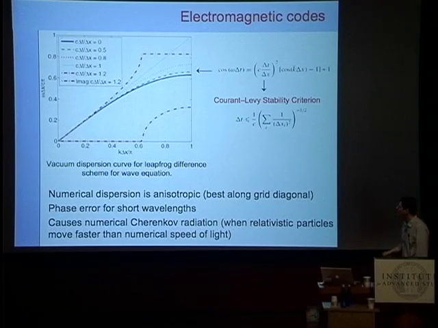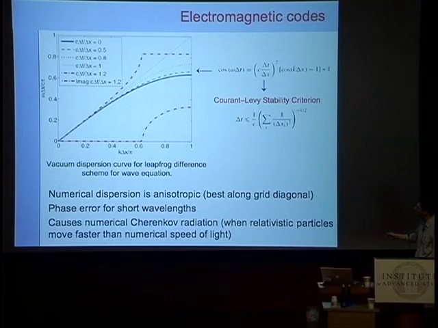And what you find is that depending on the wavelengths that you put on the grid, the smaller the k vector is, the longer the wavelengths, the better resolved you are, the better your agreement is with the analytics. And analytics here would be a straight line, 45 degrees, speed of light. If you try to under-resolve your wave, so you put shorter and shorter wavelengths on the grid, then you start getting phase errors.